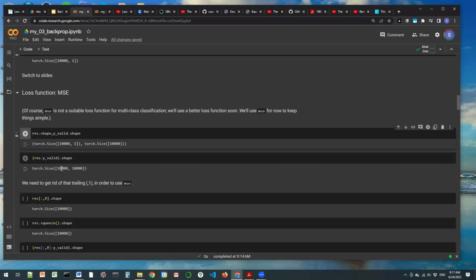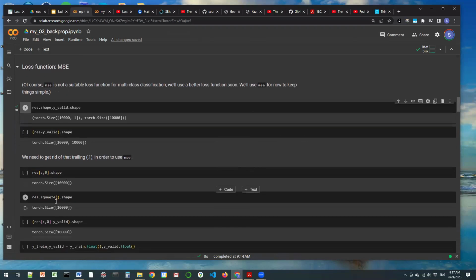So 10,000 by 1 squeezed results in 10,000 as the shape. We can do that by saying result, all the rows and the 0th column, which will make it 10,000, or we can squeeze the result.